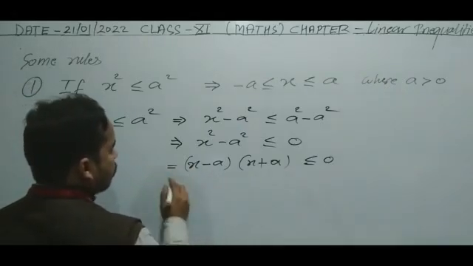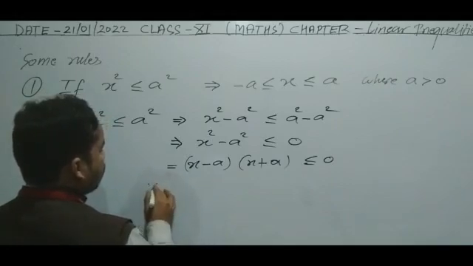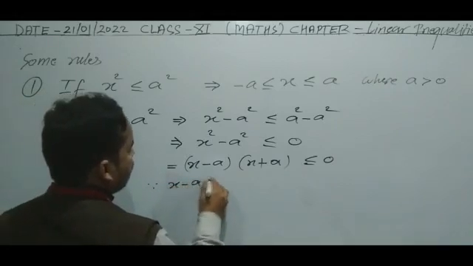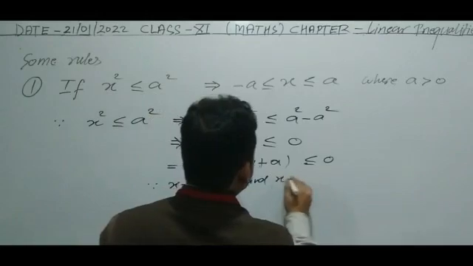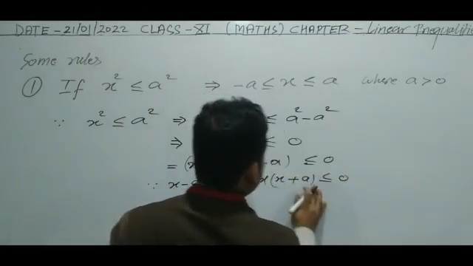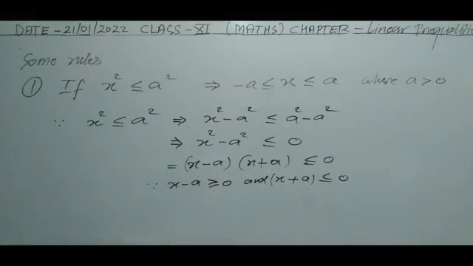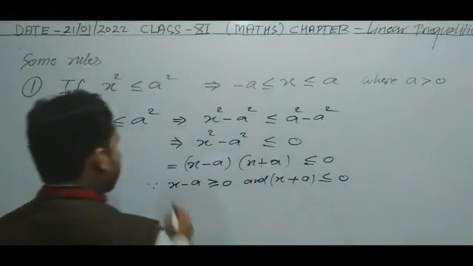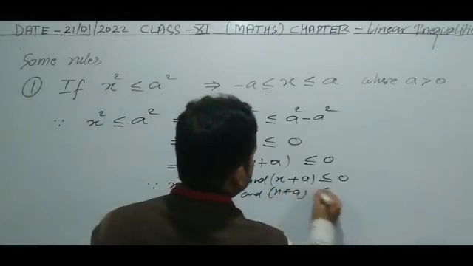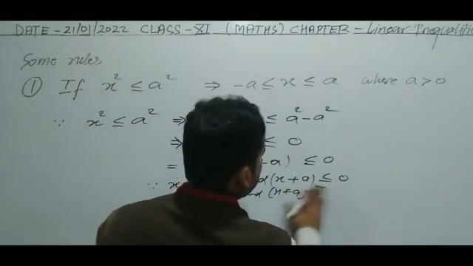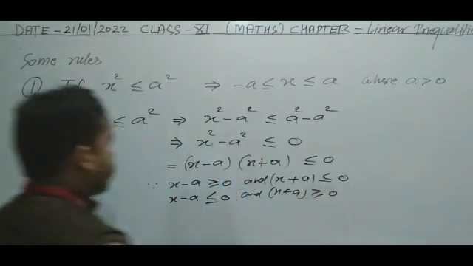For this expression, x minus a is greater equal to 0 and x plus a is lesser equal to 0. There will be two possibilities for these inequalities: x minus a is lesser equal to 0 and x plus a is greater equal to 0.